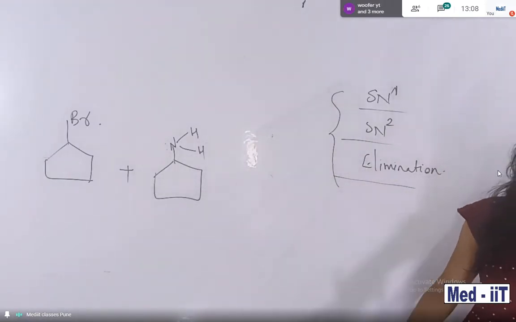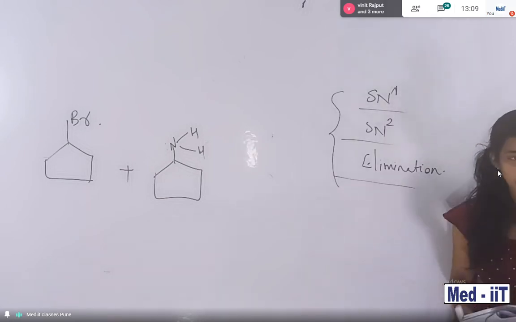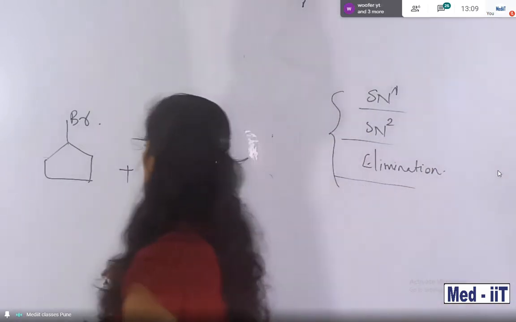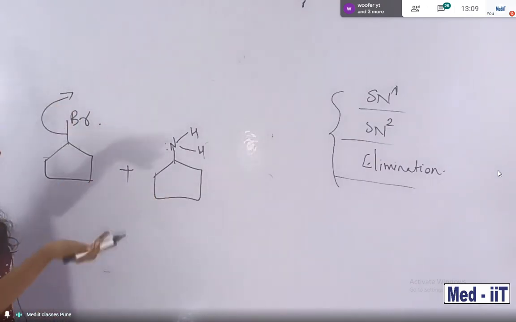But the concepts are similar, na? So very easy to handle, no doubt. How does it become? I will help you because it's very difficult to express. Bromine is eliminated, sure.